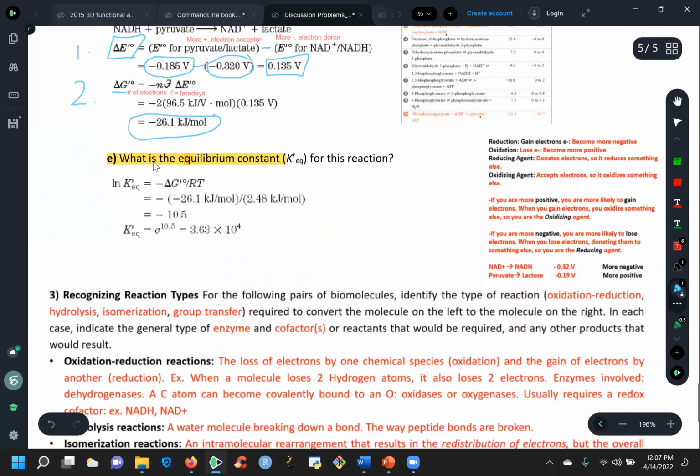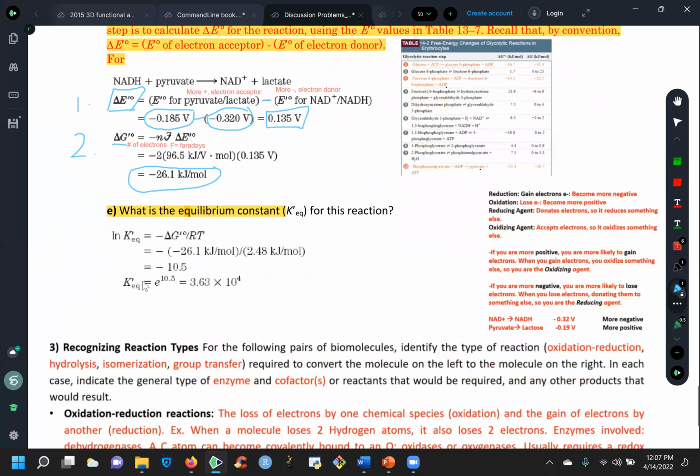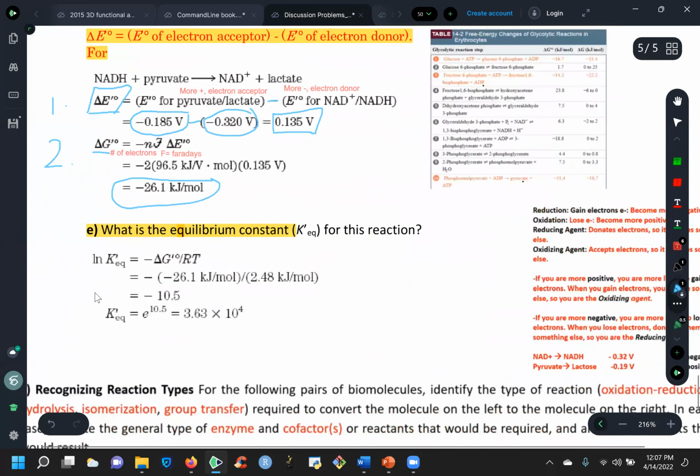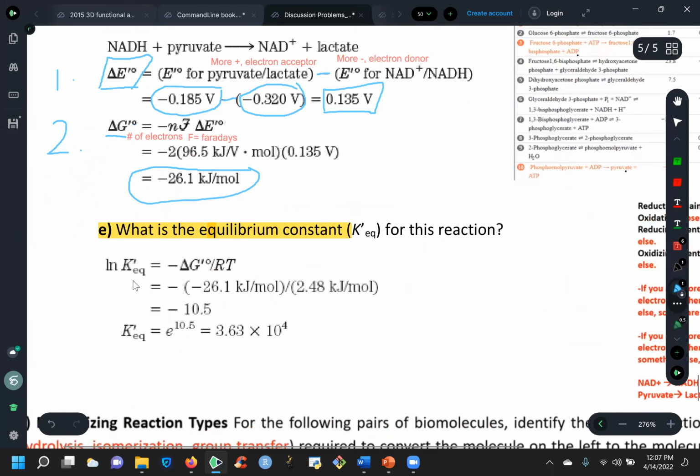Now, it also teaches you how to get the equilibrium constant. Once you have your delta G, you can go back and use that same formula that we just used. The ln of K is equal to negative delta G, which we just found, minus 26.1, divided by RT.